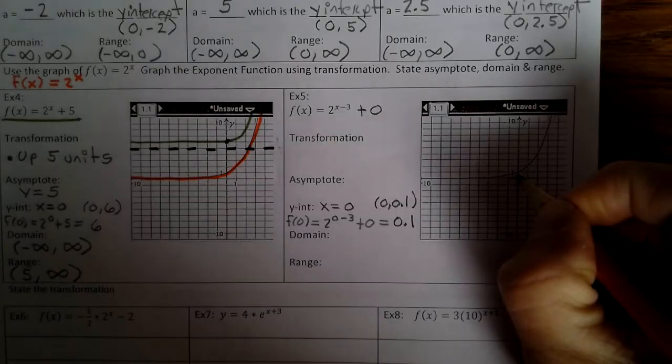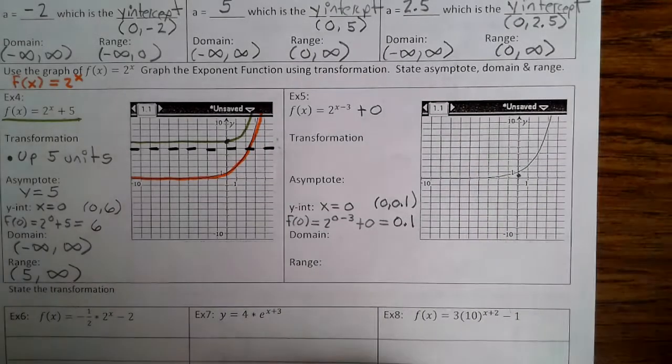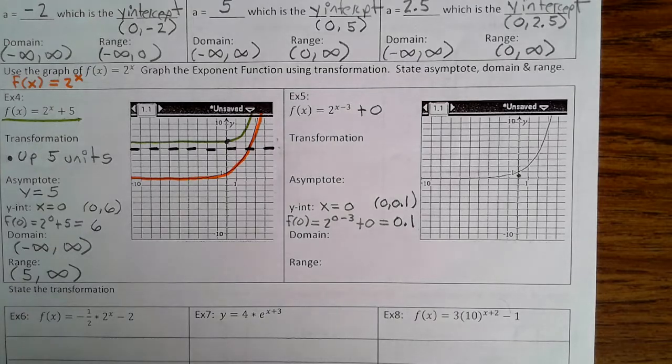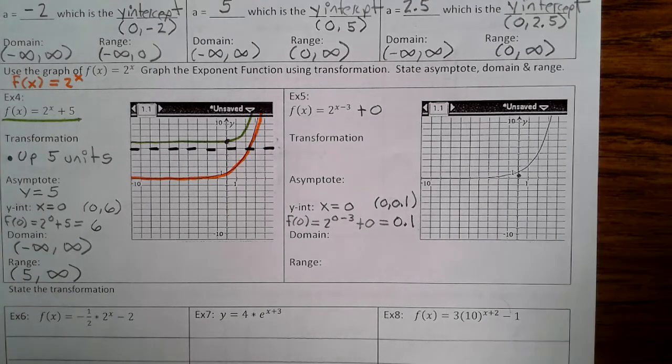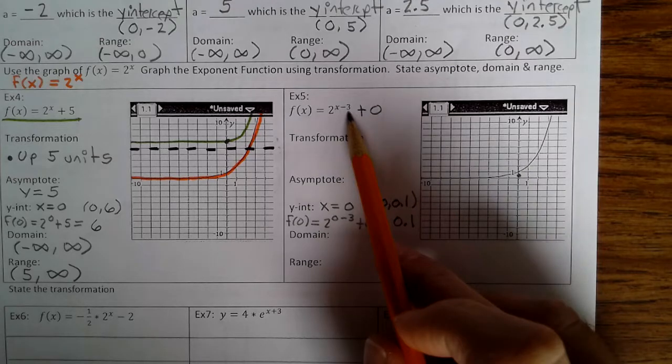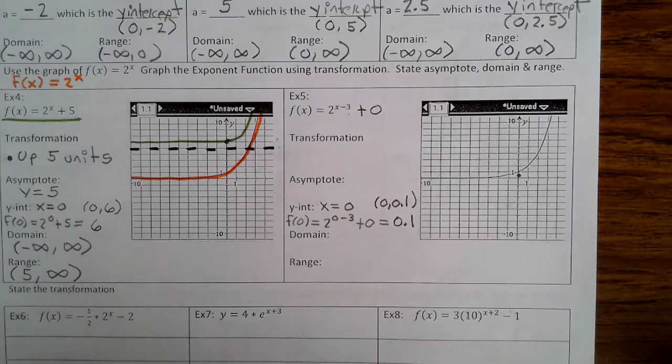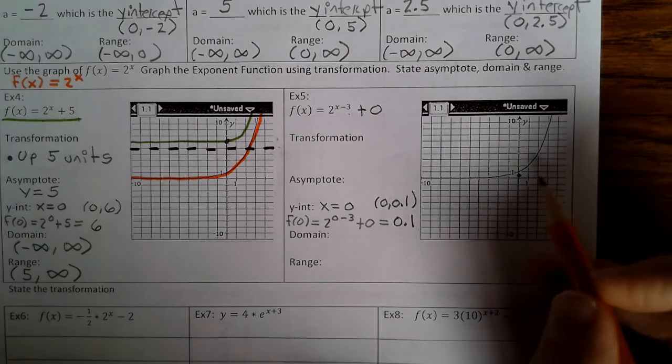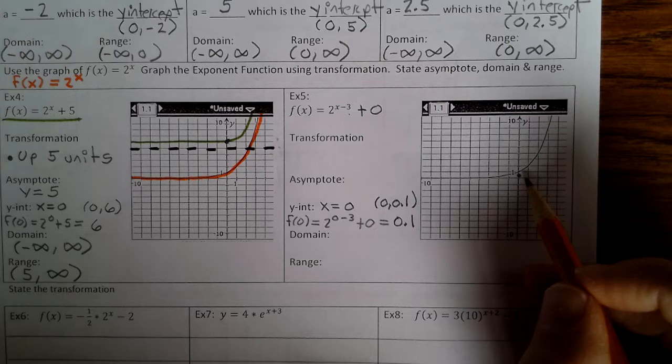Now for the transformation, we know that the minus 3 moves the graph left 3 units. Okay. So we can move our graph left 3 units. Now, we need probably a point.